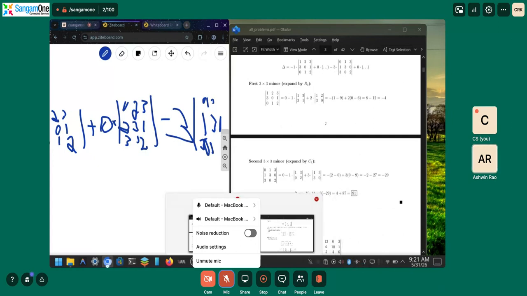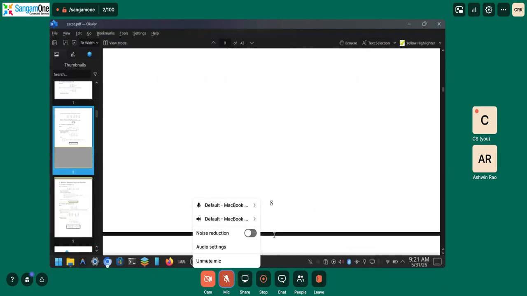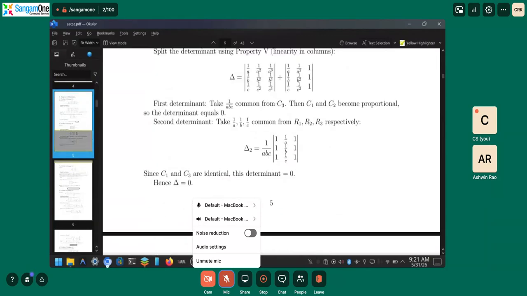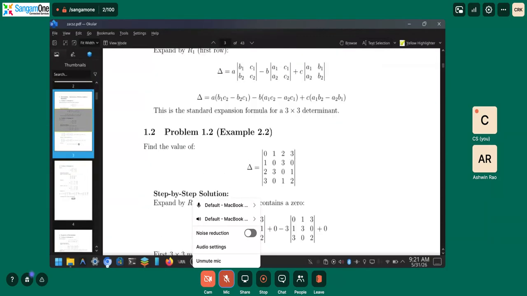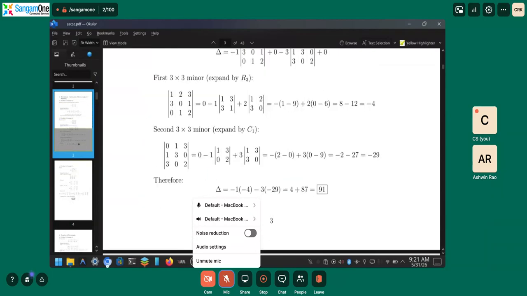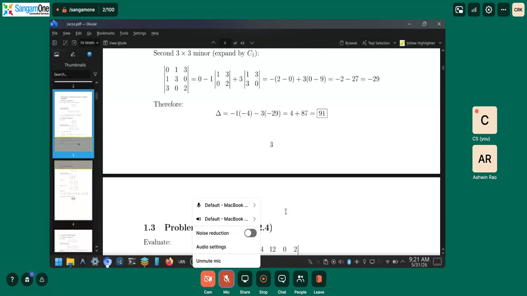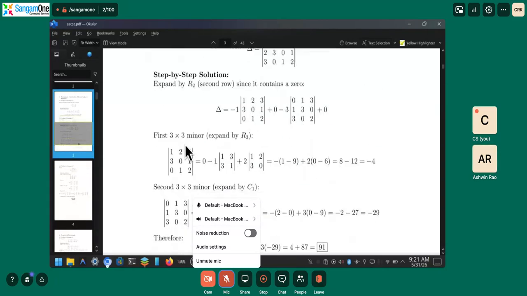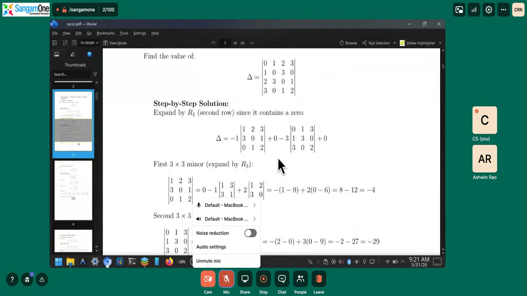You consider problems like this here. If you expand that, you will get this. You have to basically solve these determinants.